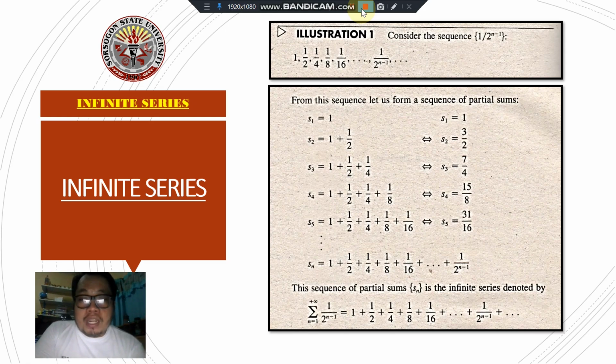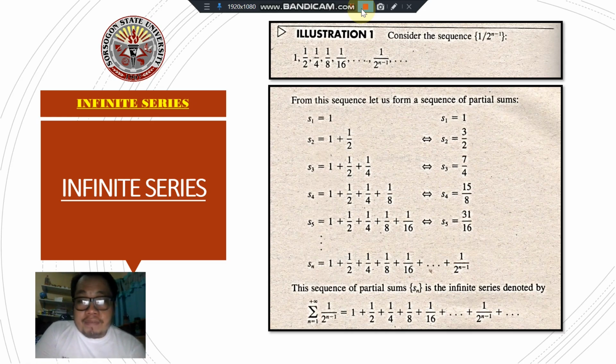For S sub 3, the sum of the first three terms, we have 1 plus 1 half plus 1/4, which is equal to 7 over 4. For S sub 4, the sum of the first four terms, we have 1 plus 1 half plus 1/4 plus 1/8, which is equivalent to 15 over 8.